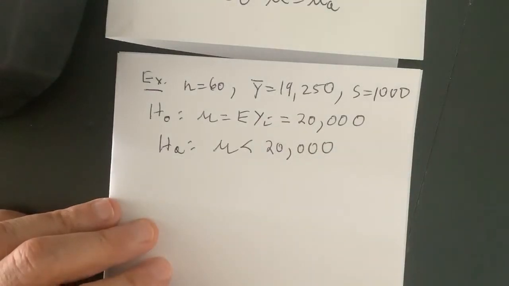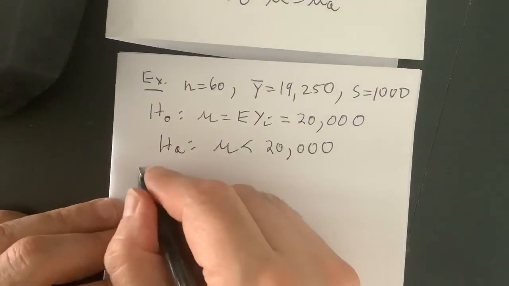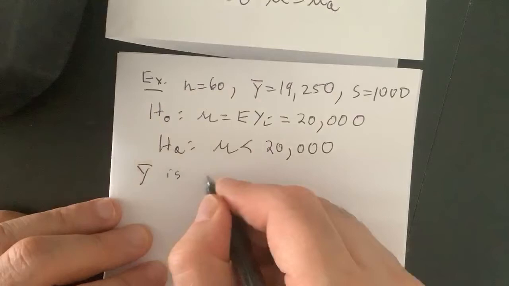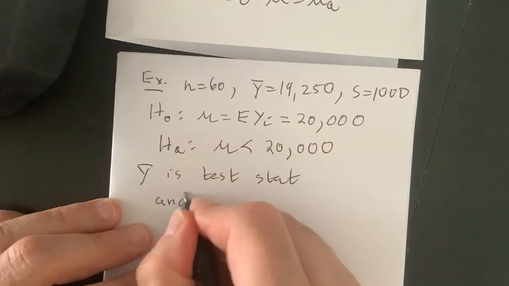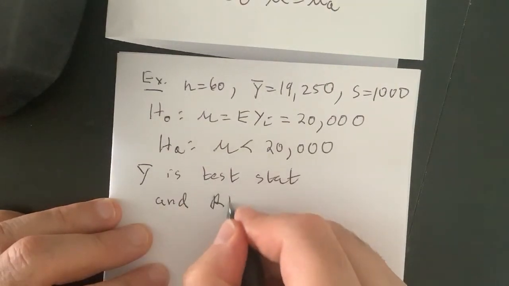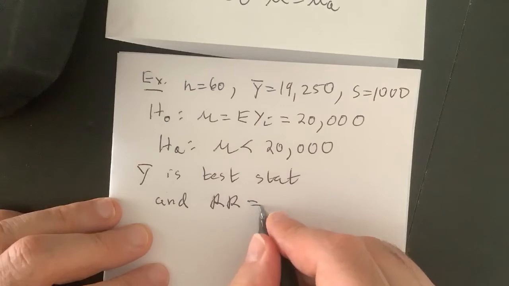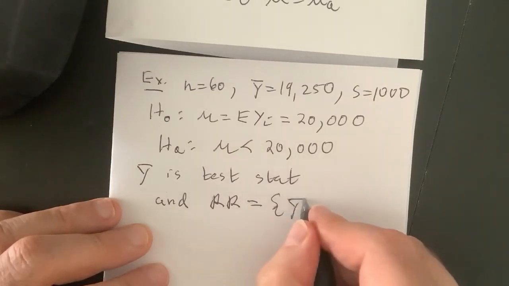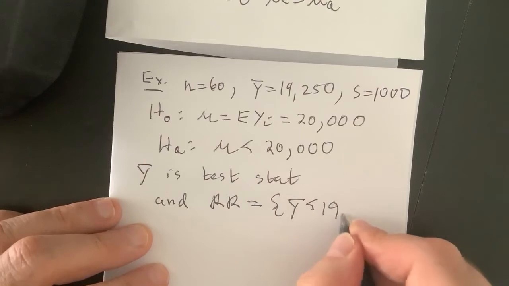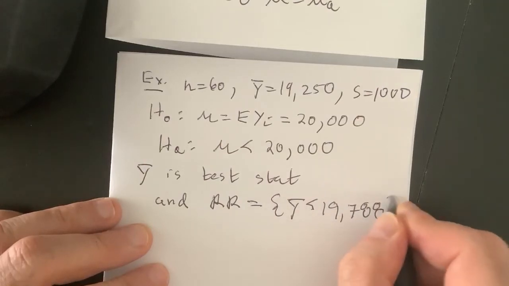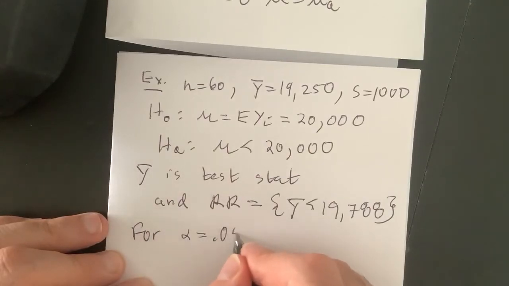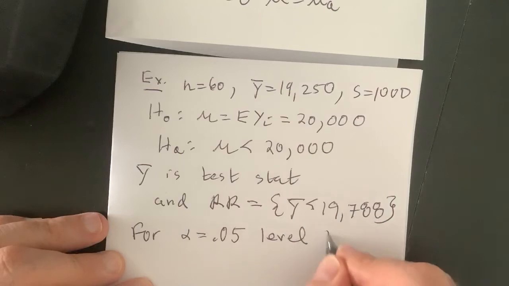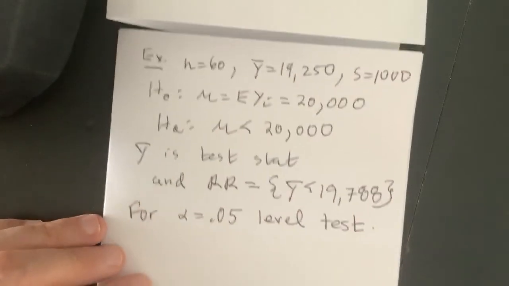We already found our test statistic, and the rejection region we found in a previous lecture was y bar less than 19,788 for an alpha equals 0.05 level test.